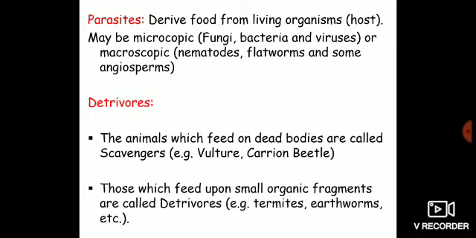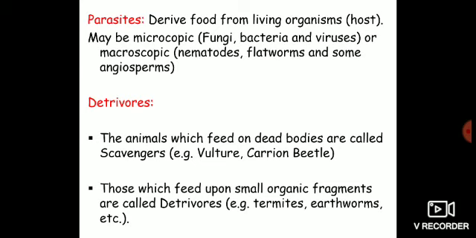Now there are some specific categories of organisms, okay, which you have to remember. And these organisms are parasites and detrivores. Those organisms which derive food material, which derive their nourishment from living organisms, which are their hosts, are known as parasites.